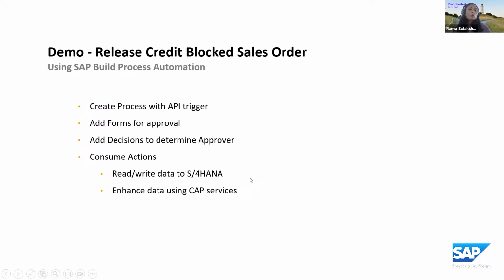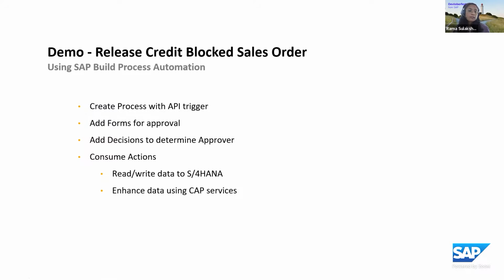The flow goes like this: I will first start by creating a simple process with an API trigger. I will add some forms for approval, and to determine who will be the approver, we will create a decision. And in the process, we will also be consuming actions to read or write data to S4HANA.